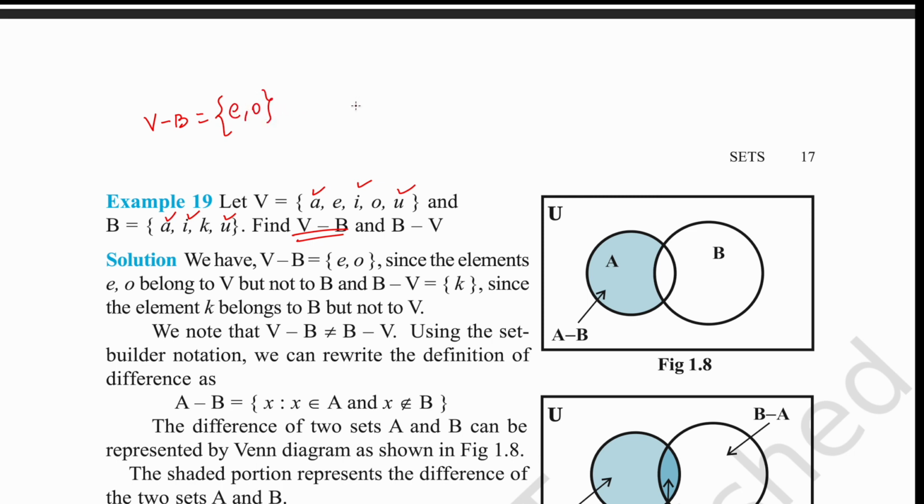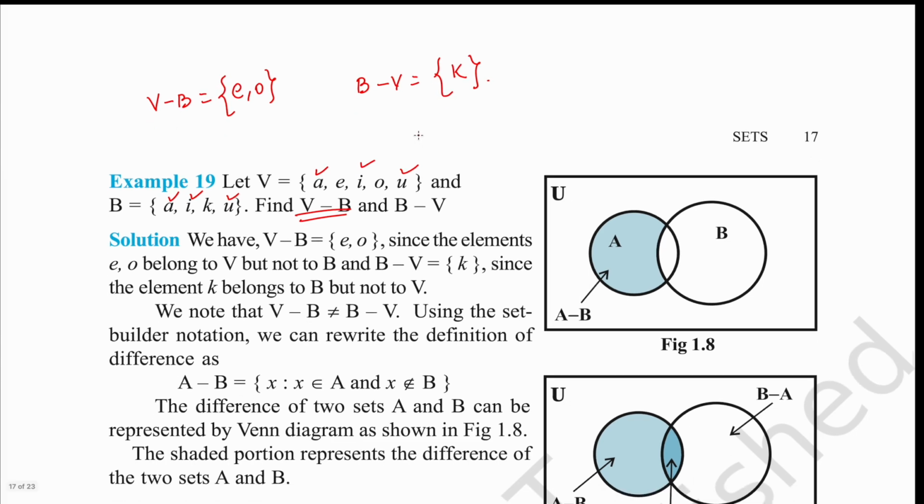And similarly, if you try to find B minus V, in this case, you are going to include elements of B but remove the elements which are common in the two sets. So I'm going to remove A, I, and U. So only K is going to be my element inside B minus V, right?